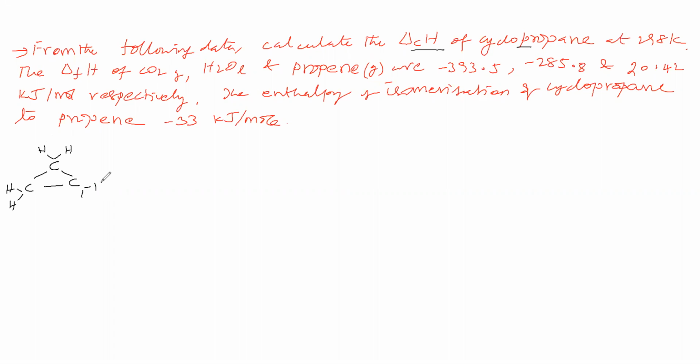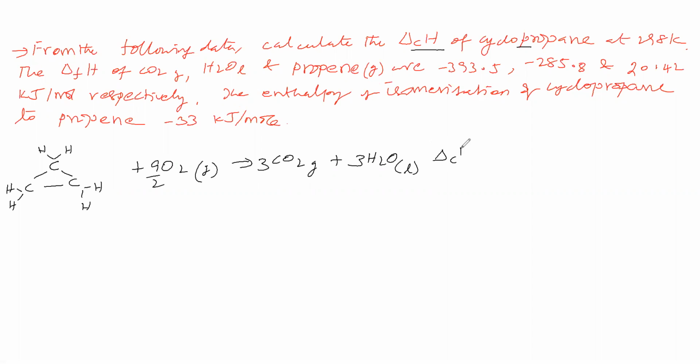It is undergoing combustion, therefore it combines with oxygen gas to give carbon dioxide gas and water liquid. Now we have to balance the equation by keeping cyclopropane as 1 mole. 3 carbon atoms, thus 3 carbon dioxide; 6 hydrogen atoms, therefore 3 H2O. 3 into 2 is 6, here 3, total 9, so 9 by 2 oxygen.